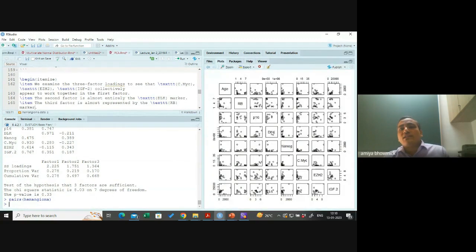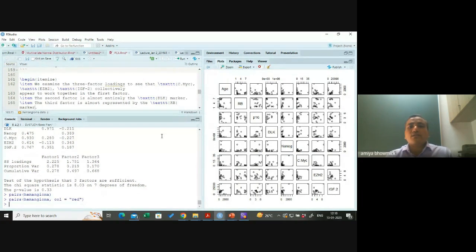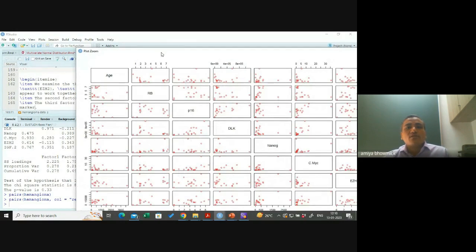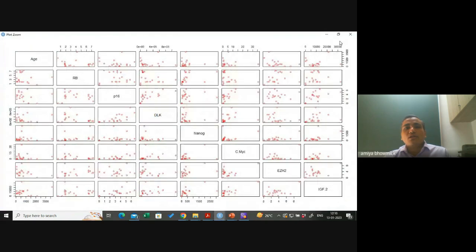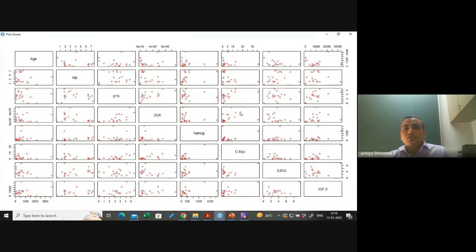These are very important, interesting plots. You all know. If I just put col equal to red, let us zoom. This plot you already know, most of you, right? It gives a pairwise plot for all the variables. So for example, this says that along the x-axis I have the DLK marker and on the y-axis I have the P16 marker, right?